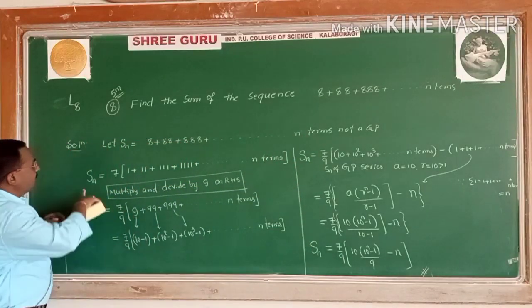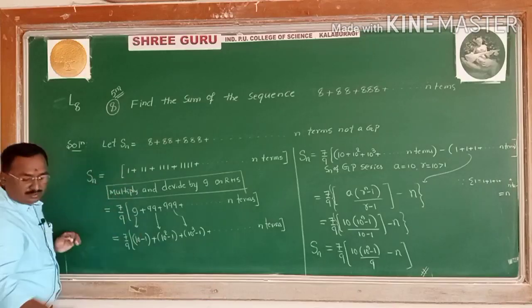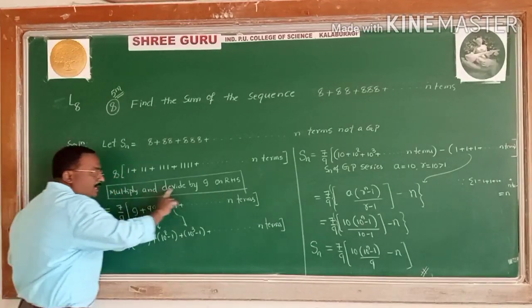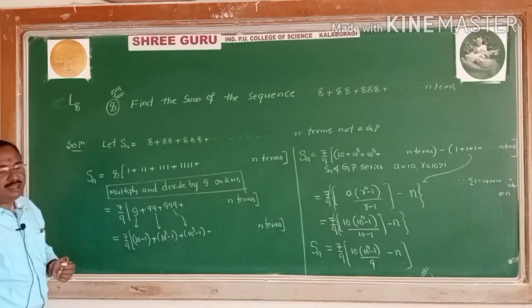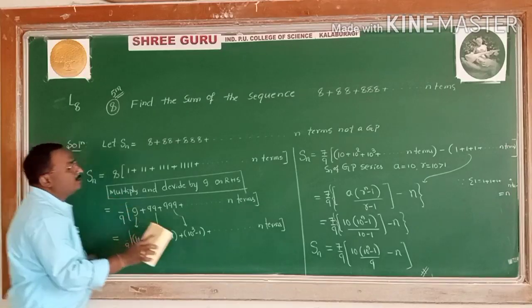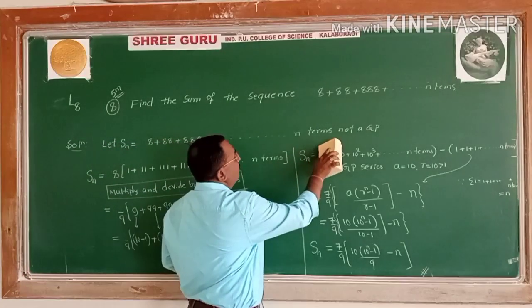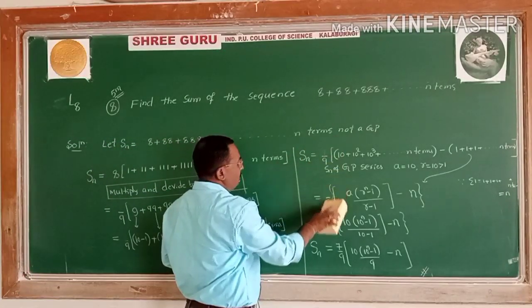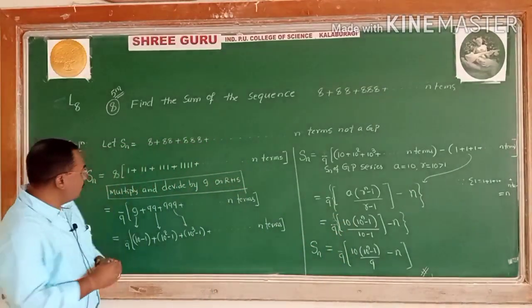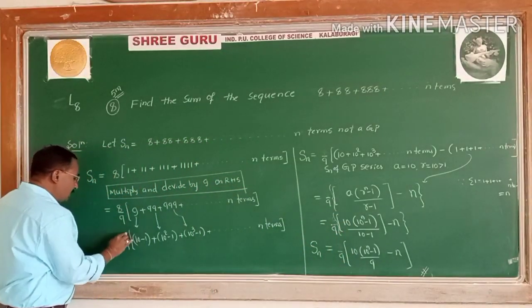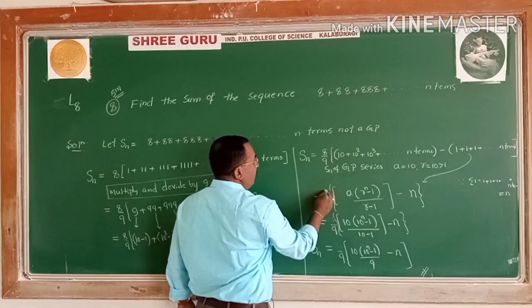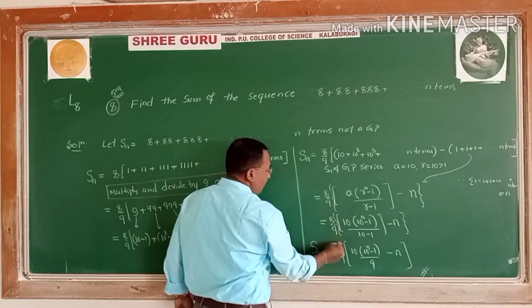Same as before: Sn, replace 7 with 8, take 8 common, multiply and divide by 9. Everywhere 7 is replaced by 8.